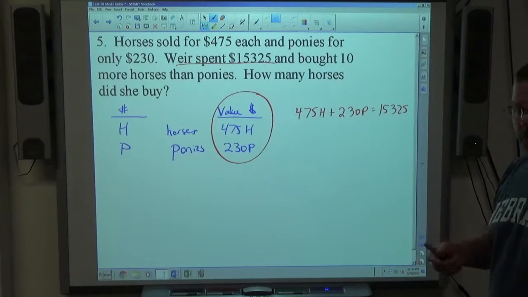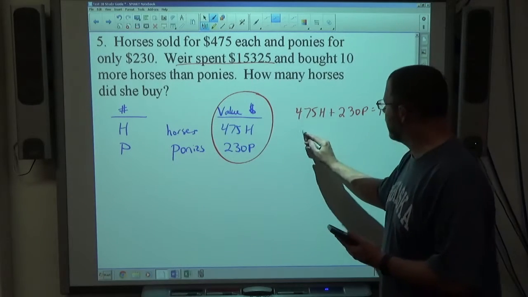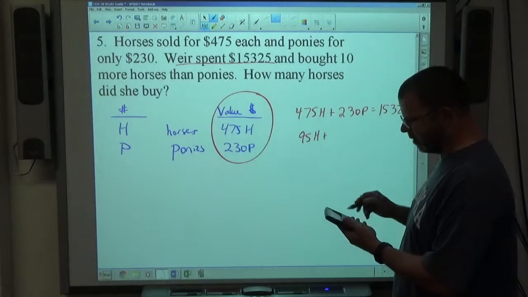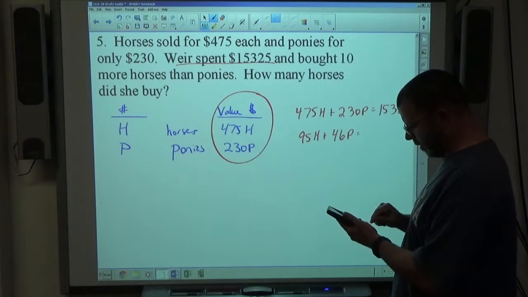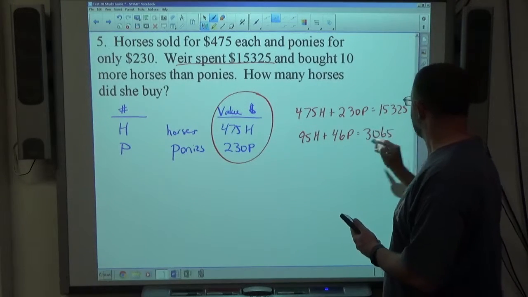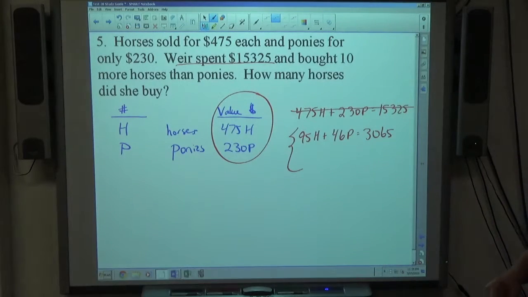It's not a requirement to do this, but it makes the numbers smaller. We get 95H plus 230 divided by 5 is 46p, and 15,325 divided by 5 is 3,065. So I can use that equation instead of that one, just smaller numbers, a little bit easier to deal with.